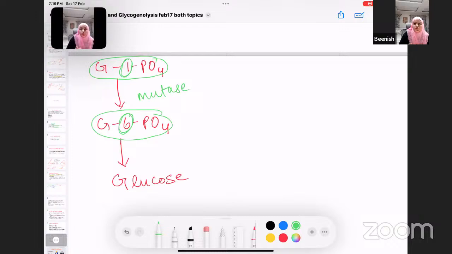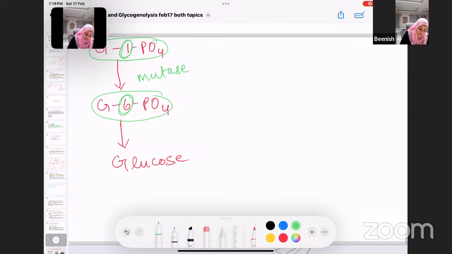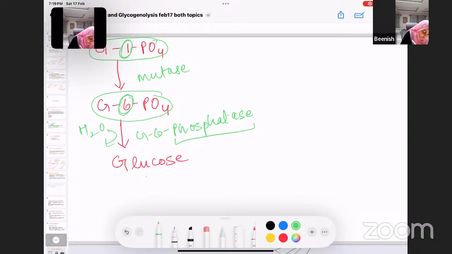There is only a change in the position of the phosphate group within the same molecule, so a mutase is required. Now this glucose 6-phosphate changes into glucose. This is done by the glucose 6-phosphatase enzyme. The phosphatase is a hydrolase, so it breaks a covalent bond by adding water, and an inorganic phosphate is released.